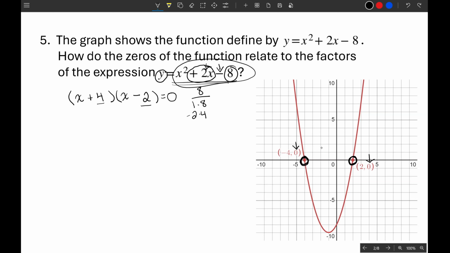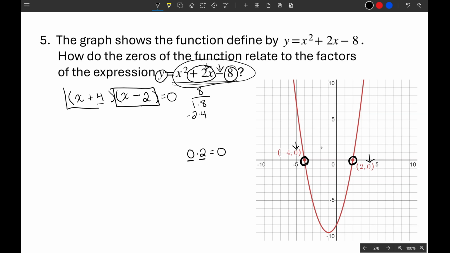Now we have a property that is actually going to be on a different page called the zero product property. It tells me that if I'm multiplying two things, for instance, let's say I had 0 times 2, well, anytime I take something times 0, I get 0. So if this were equal to 0, I would have x plus 4 times 0, which would be 0.